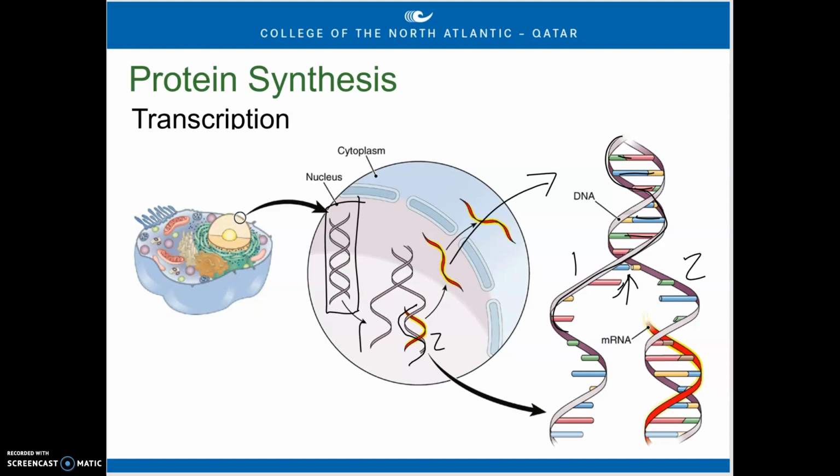So that exposes these nucleotides. So the mRNA comes along, and it uses its nucleotides to match up with the DNA. So it takes a code, it transcribes the code from the DNA, it produces this new molecule of mRNA, which will travel out of the nucleus and find a ribosome to attach to. So that's transcription.